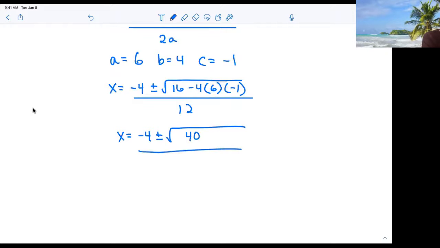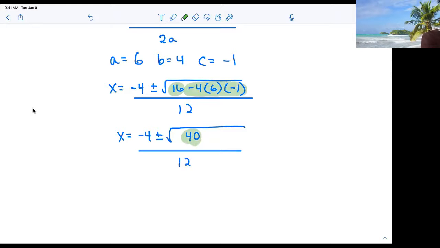If you don't know that now, you can ask me. I'm expecting you to be able to do 16 minus 4 times 6 times -1 in your head. This again is how much? 24 plus is what? That's how I got that.